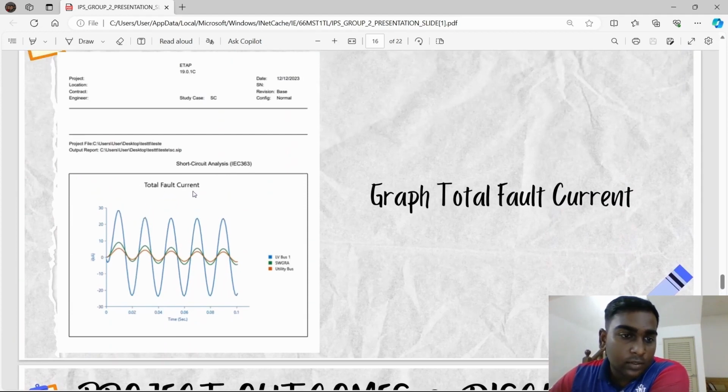In this total fault current, we have the low voltage bus, SWGRA, and utility bus. Here we can see the low voltage bus has higher total fault current compared to SWGRA and utility bus. So this sinusoidal wave shows the individual buses.